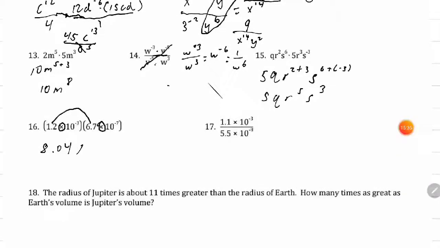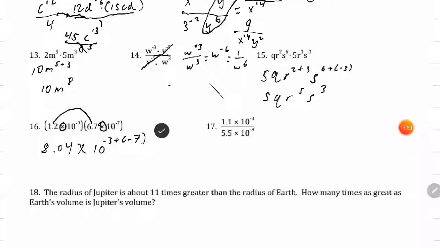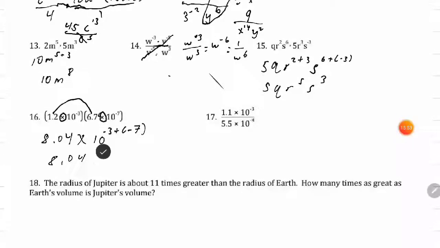So times 10 to the negative third plus a negative 7. So this is 8.04 times 10 to the negative 10. And this is about the only time we actually keep negative exponents, is when we're representing something in scientific notation. It's to represent, hey, this is a really small number, probably dealing with some molecules or whatnot.